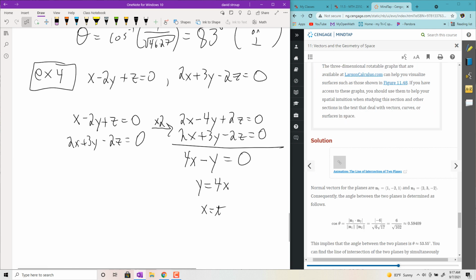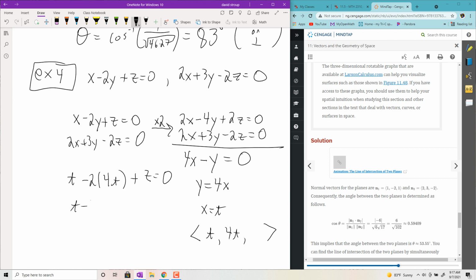Yeah, they do. Okay, so if x is equal to t, then y will be 4t, and you want to produce a vector to describe this line. We just need something for z. So you can plug 4t and t back into the original equation, so you get t minus 2 times 4t plus z equals 0.